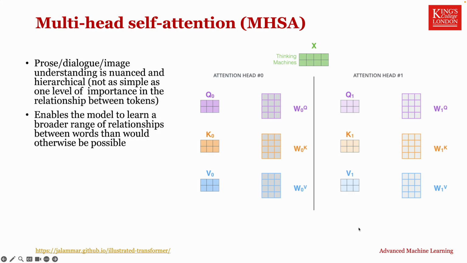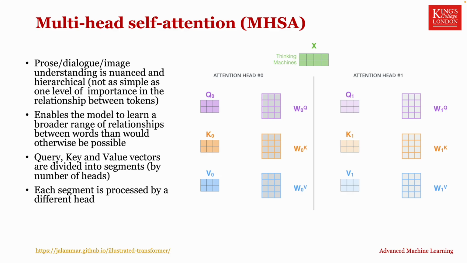It's also important to understand that we're always doing this over multiple heads in parallel, which is why these layers are called multi-head self-attention or MHSA layers. So the motivation for doing this is that prose or dialogue or indeed image understanding is nuanced. So at any one time, there'll be many different levels of association to keep track of. So to do this, we split our token embeddings into segments within each layer to process them each with different heads in parallel.